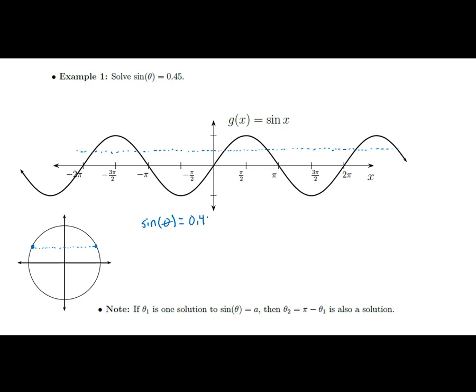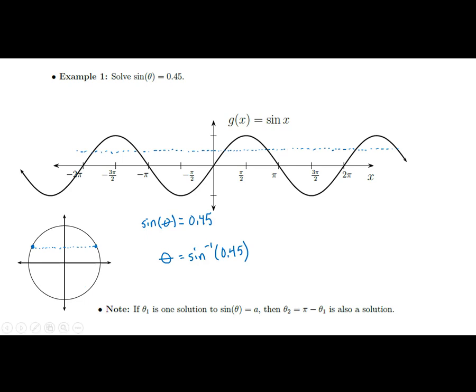So at that point, we're going to allow technology to help us a little bit. If the sine of theta equals 0.45, then theta would equal the inverse sine of 0.45, because the inverse sine function kind of undoes the sine function.